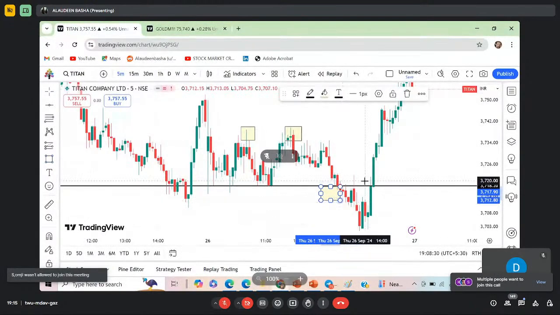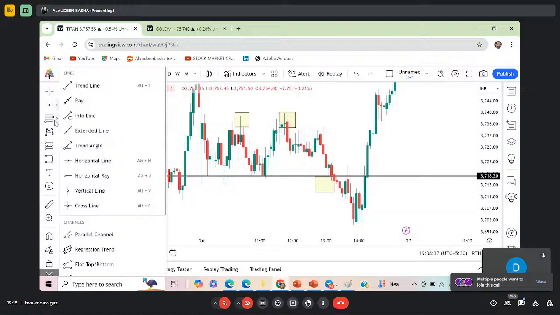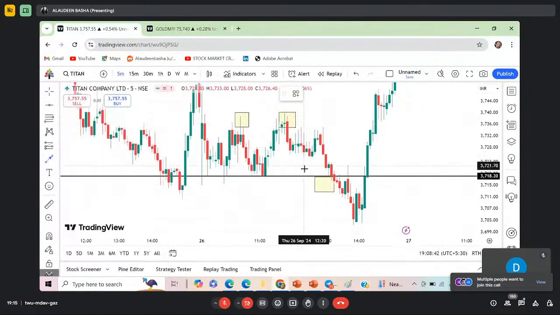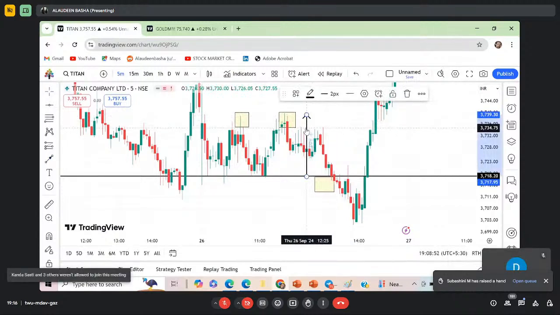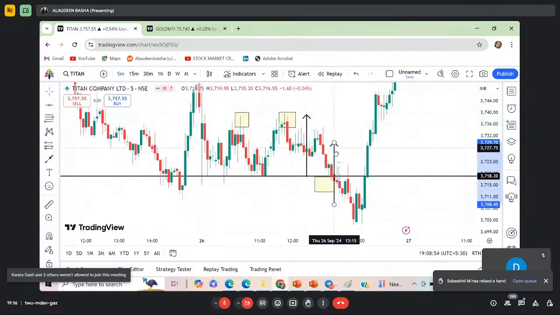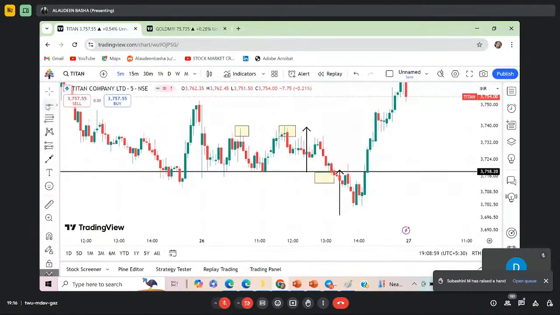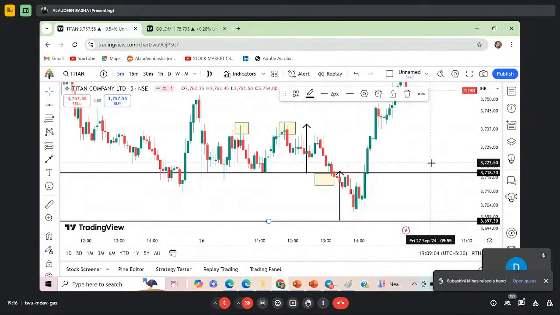Then the target of this trade is compared with the previous high. I will show you how to mark the target. Just copy and paste, and this is the exact target of your trade.